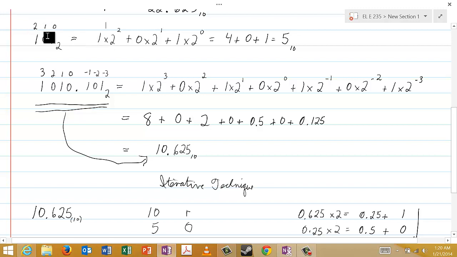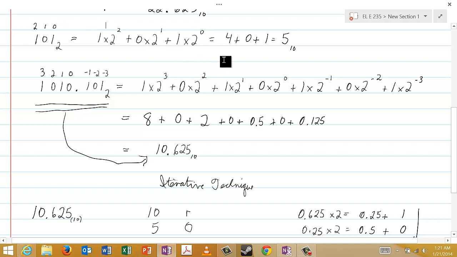And so this is equal to 1 times 2 to the second power plus 0 times 2 to the first power plus 1 times 2 to the 0th power.